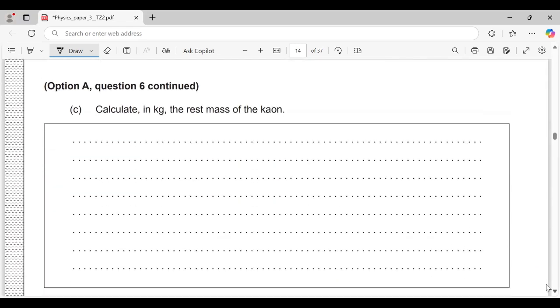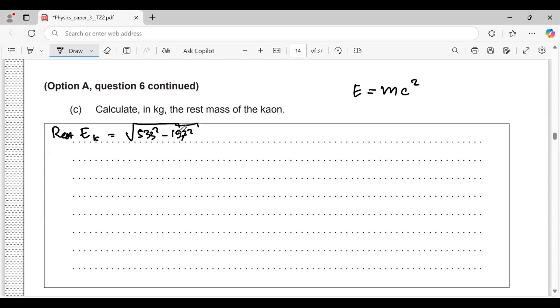Calculate in kilograms the rest mass of the kaon. We are going to use Einstein's formula, E equals mc squared. So the rest energy of the kaon is the square root of 533 squared minus 197 squared.